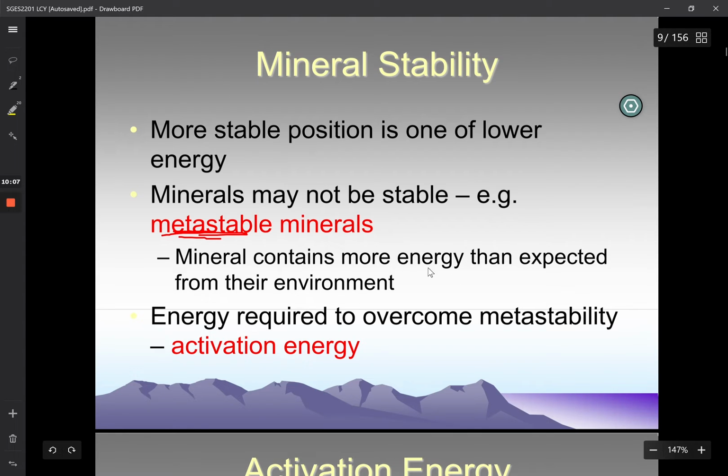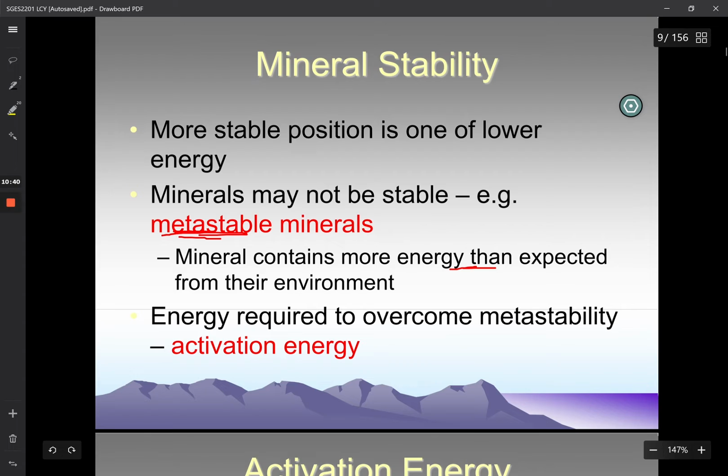So less stable minerals will have greater energy in them, and therefore are much more energetic and prone to being disrupted, and then form a more stable lattice, for example.